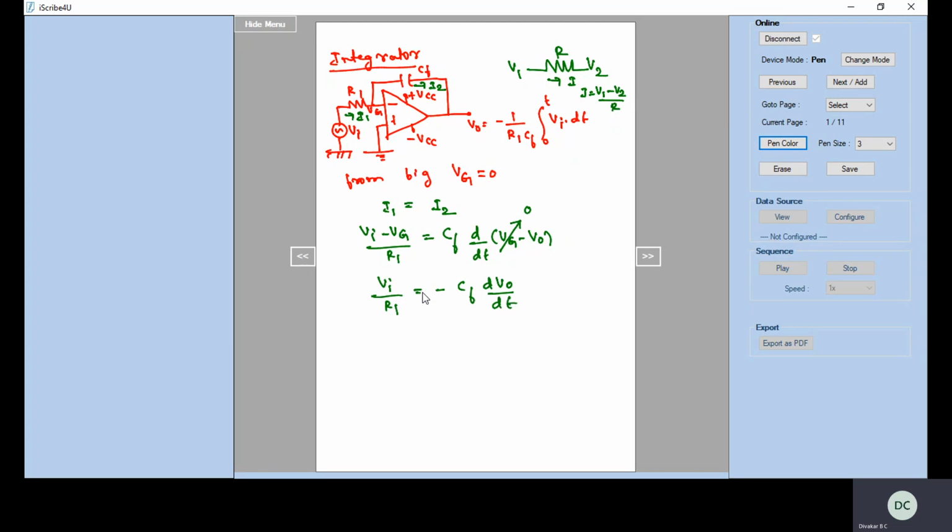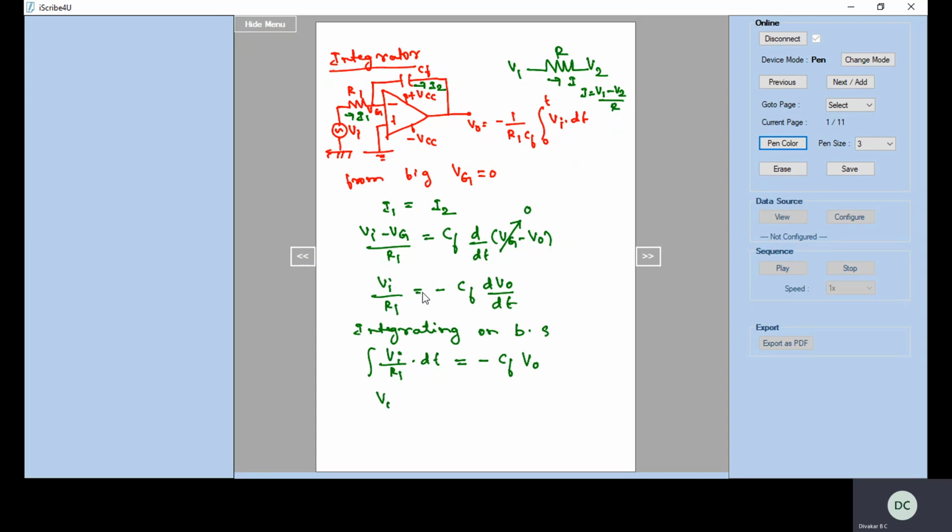Since it is an integrator circuit, integrating on both sides, we get the integral of Vi by R1 into dt equal to minus CF into V0.